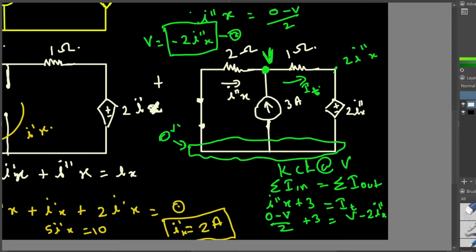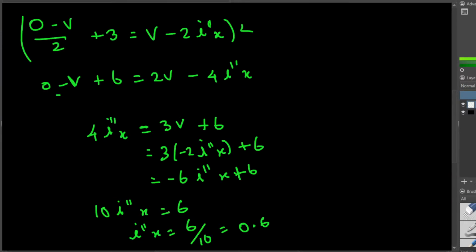And what we had here, we had v minus this one divided by the resistance between. And then we had minus v divided by 2, and did we copy correct?